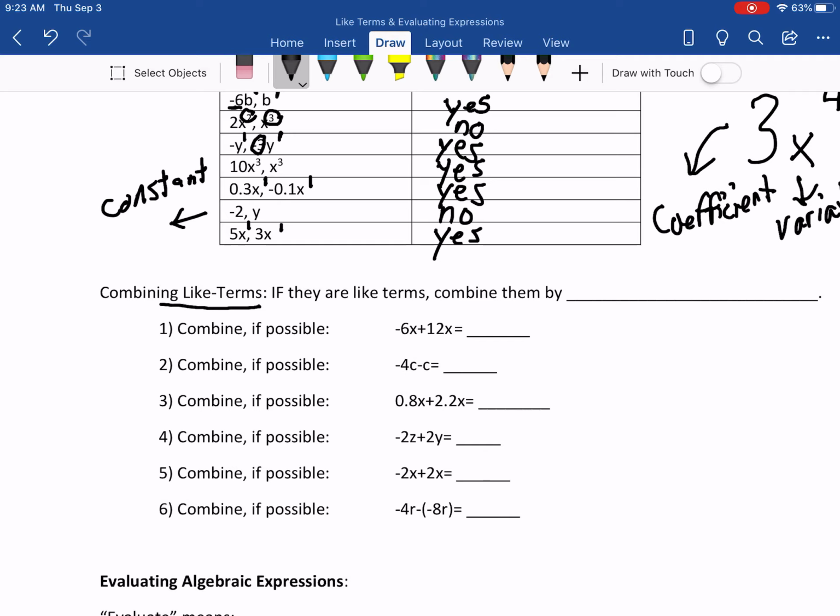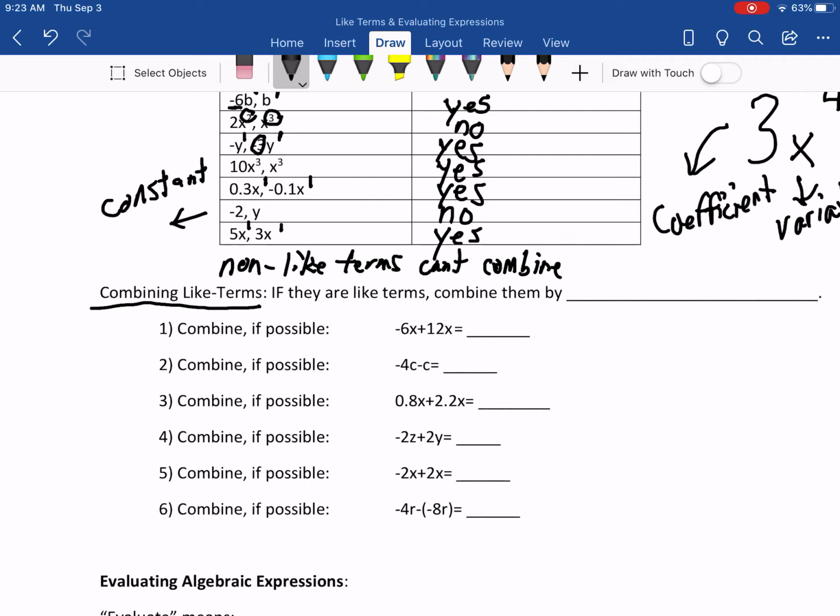Now combining them. Remember, this is only going to work if they are like terms. Non-like terms can't combine.